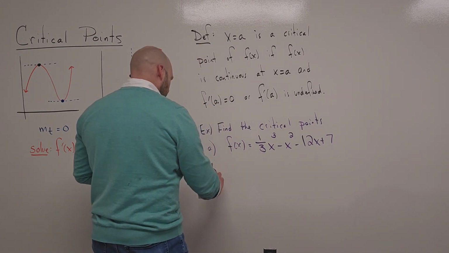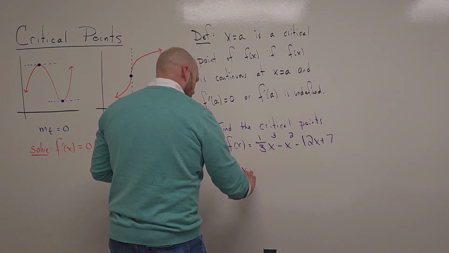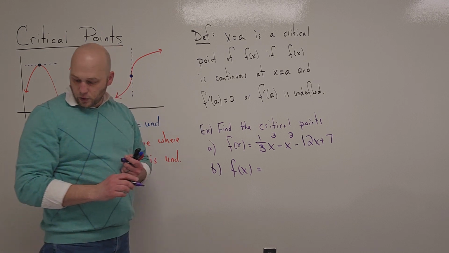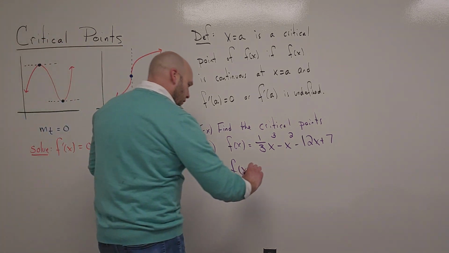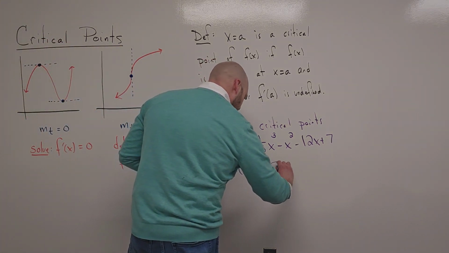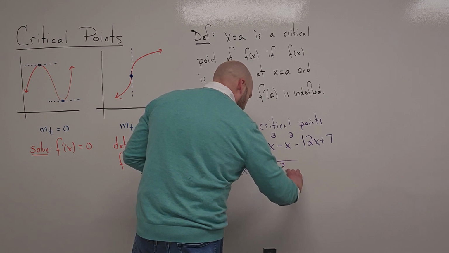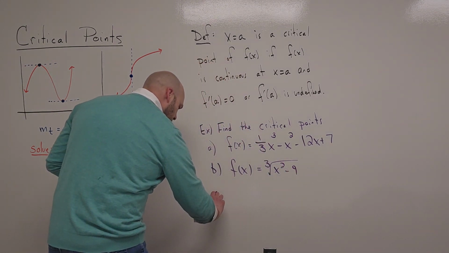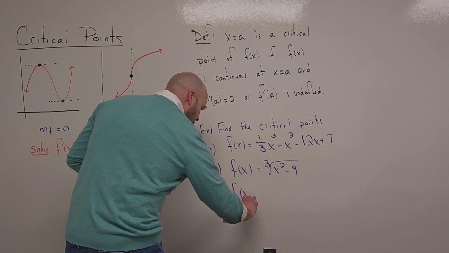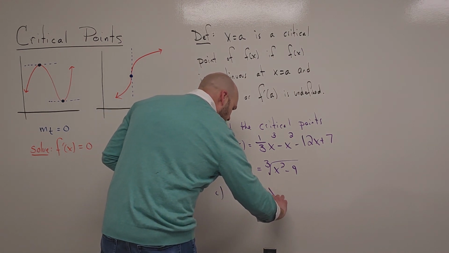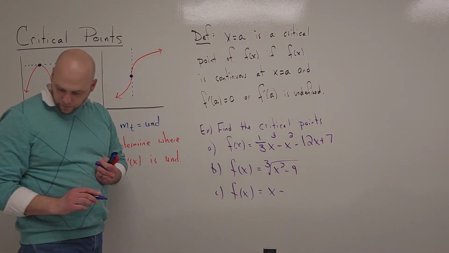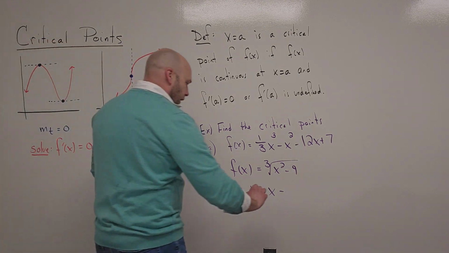Then for part B, let's look at the function f of x is equal to the cube root of x squared minus 9. And finally, for part C, let's find the critical points of the function f of x is x minus 4 log of x minus 1.